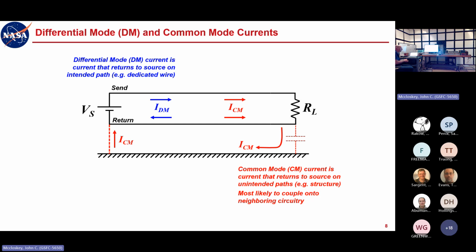And if you try to measure those common mode currents, that's going to look different. Your current peak is going to be more at your source than at the load. So again, the general message is pay attention to the configuration, because if you're measuring something different from what you expect, then the configuration probably isn't what you thought it was.